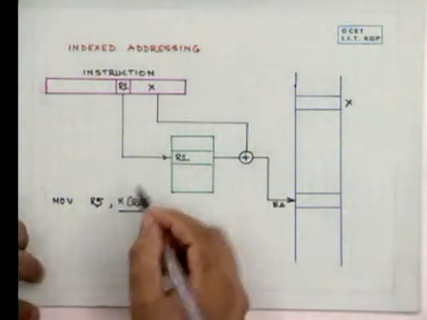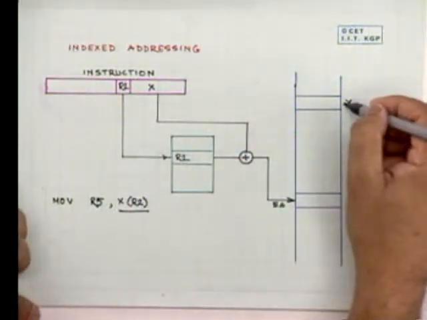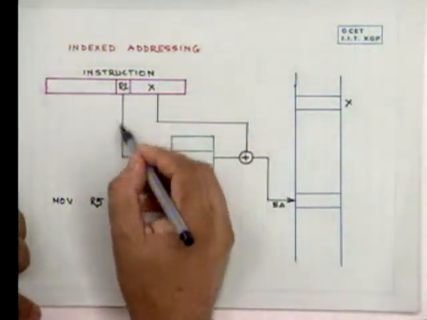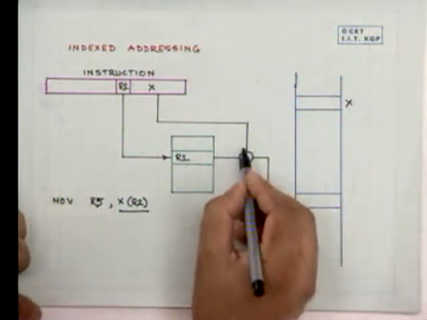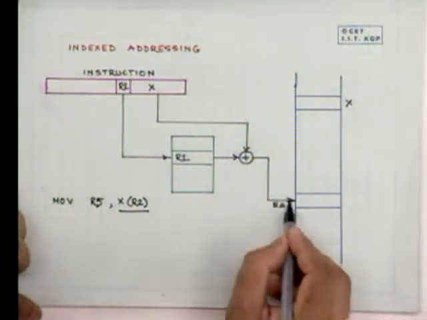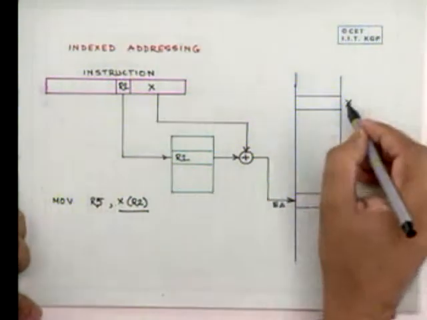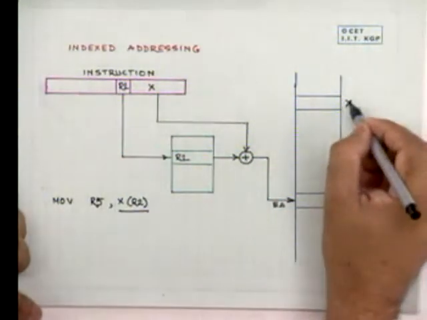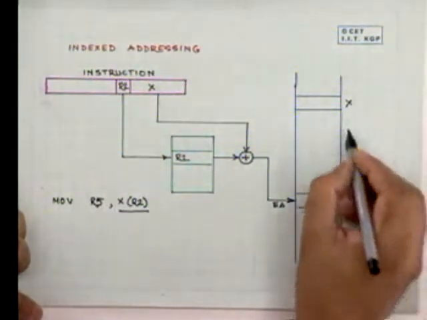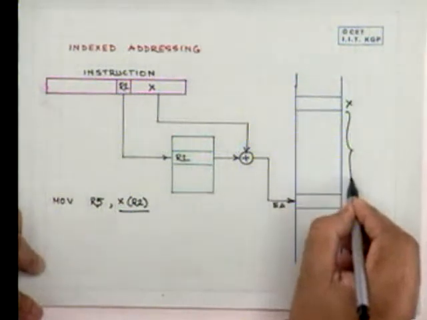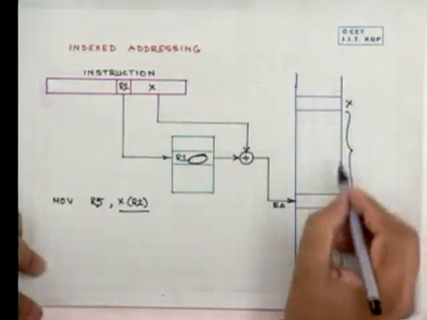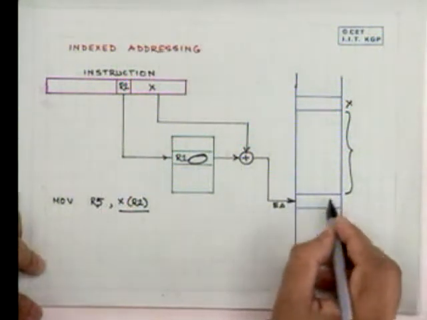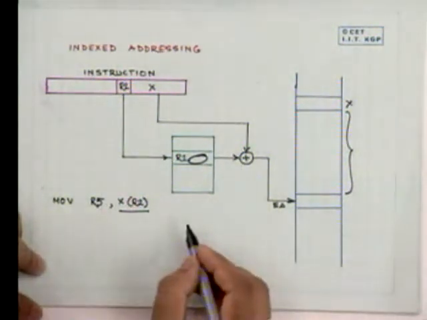What it does is that X is a memory location, say here. It takes the content of R2, adds X to it, and then gets the effective address. Therefore, it is essentially from X as if a displacement, say this is a displacement that is contained in R2, is added to get the effective address from where the content is taken, right?